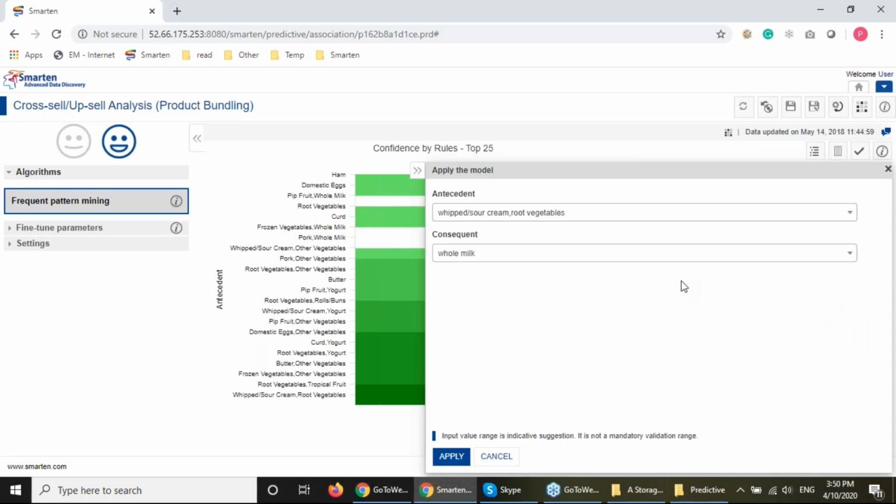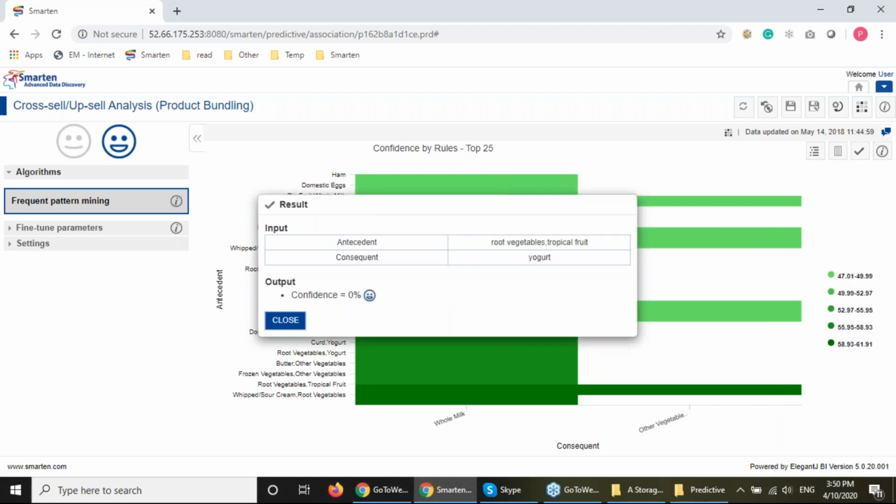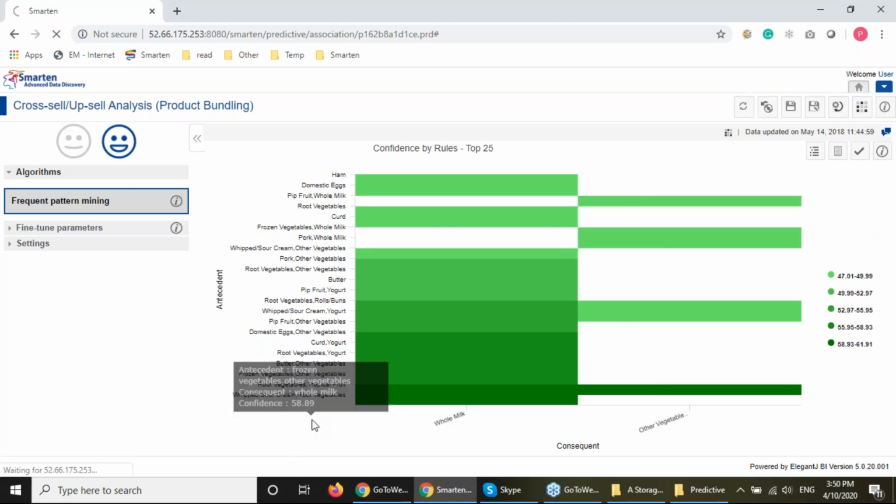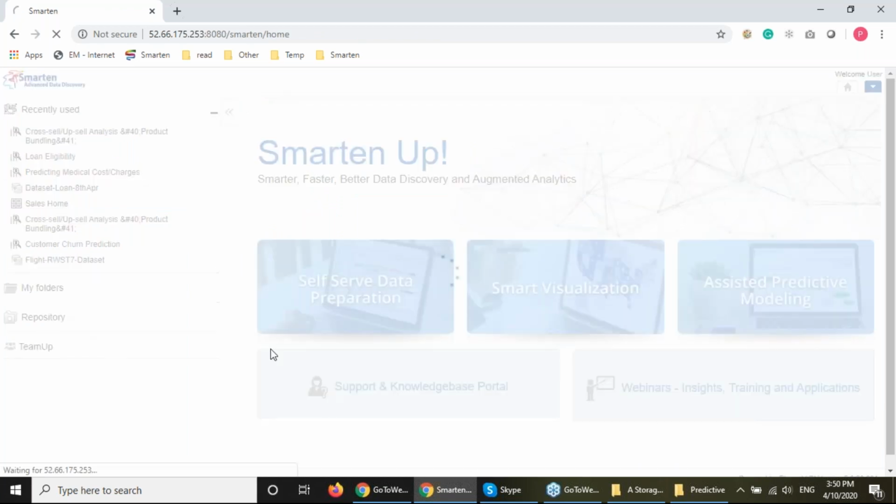If you are arranging the shelf and you ask whether you should put this product with that product, is there any association? Generally, wherever there is a strong association, we put the products together. Here it shows that the confidence value is 0%. You should not place those products together. So this is one example. There could be many others.